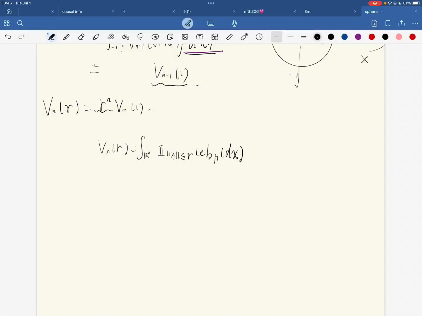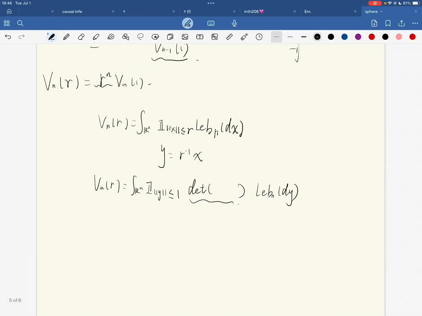Now we use the knowledge of transformation of variables using the Jacobian matrix to make a change of variable. Now we write y equals x over r, and we get a determinant times the Lebesgue measure of n dimensions with respect to y. Now what's this?